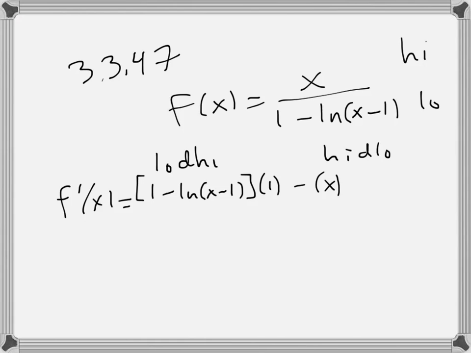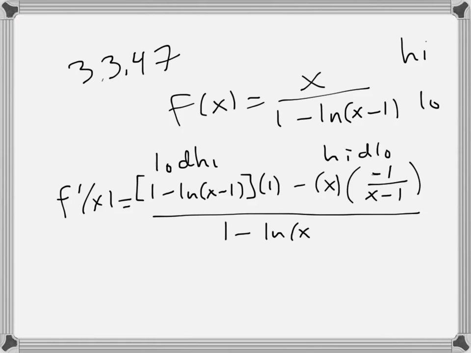So the derivative of the low, the 1 goes to 0, so I'll just have minus 1 over x minus 1, and the derivative of x minus 1 is just 1, so that's it. All over low squared, and away we go. So that's fine for the derivative. You could do some simplification, but I'm not so worried about that.